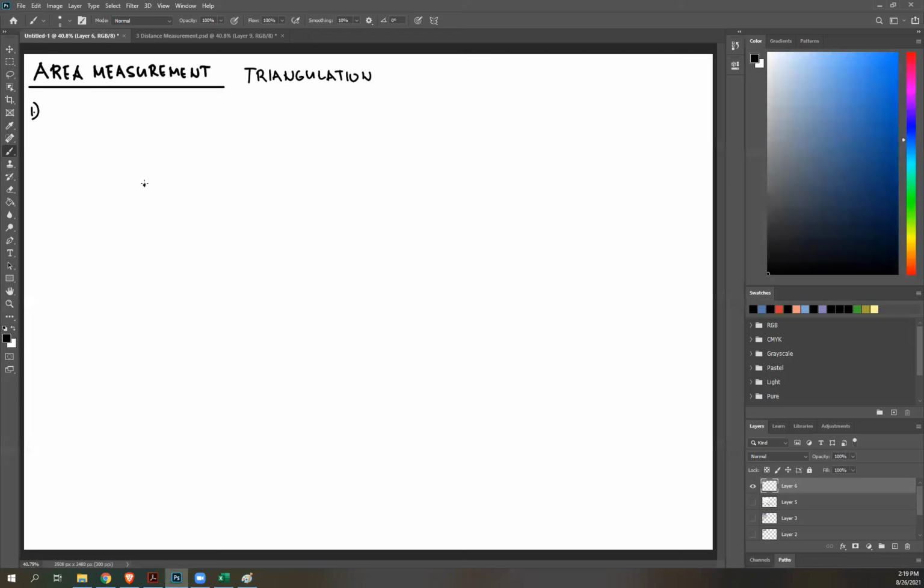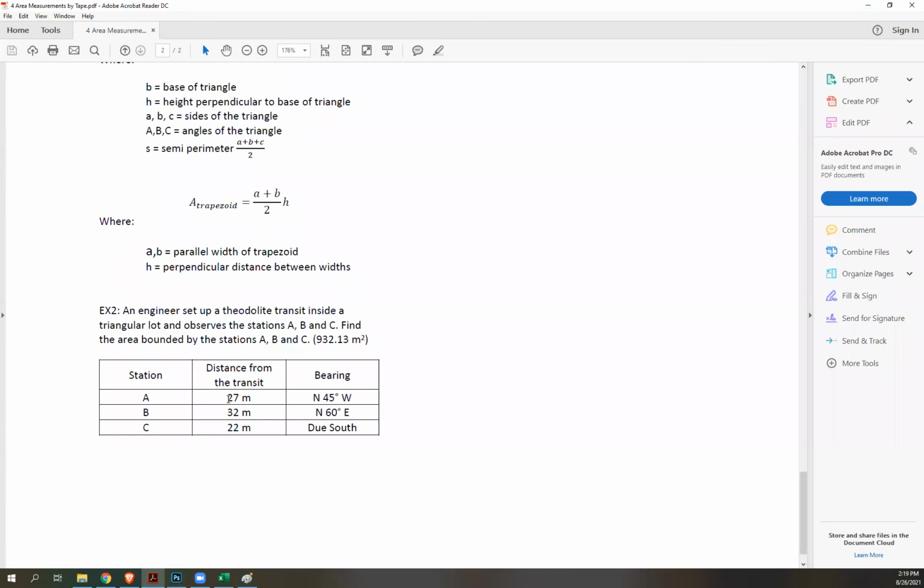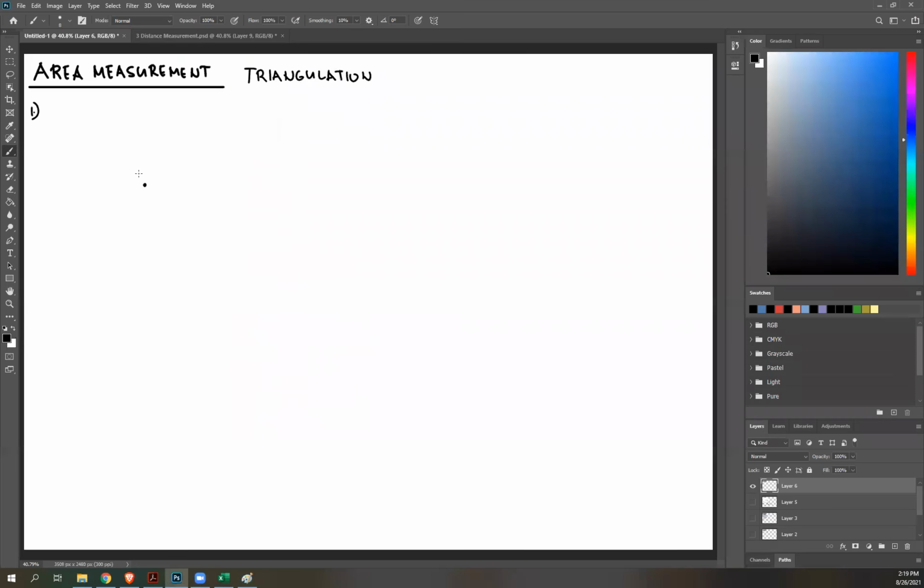So to do that, let's have your position of theodolite. So again, I place that here on this dot. Next, let's look at A. A is distance from the transit. So point A to theodolite is 27, and it has this bearing. To read bearing, you start with either north or south, and then you move by how many degrees, either west or east. So this is north 45 west. So we'll go north, rotate 45 degrees to west. So north, south, this is west, this is east. So that's why it's going here.